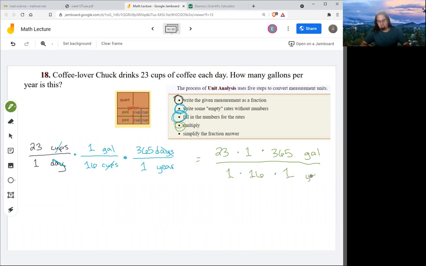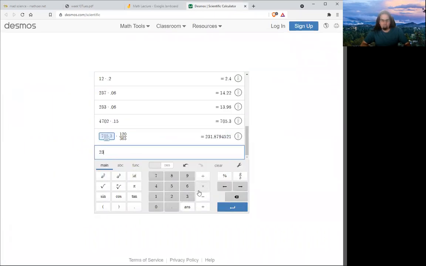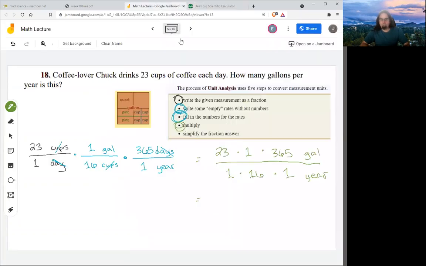And all that's left is years. So 23 times 365, that's 8395. 1 times 16 times 1 is 16.